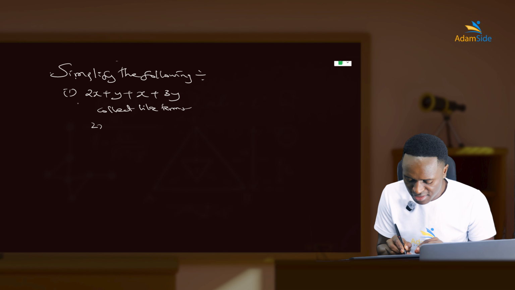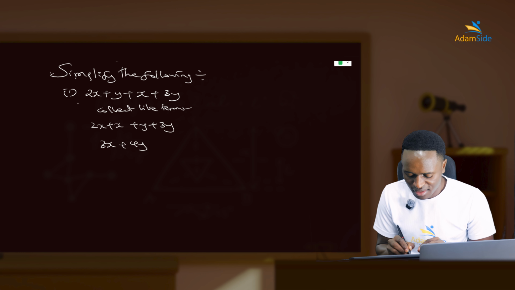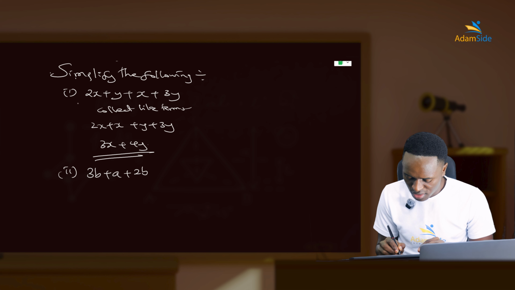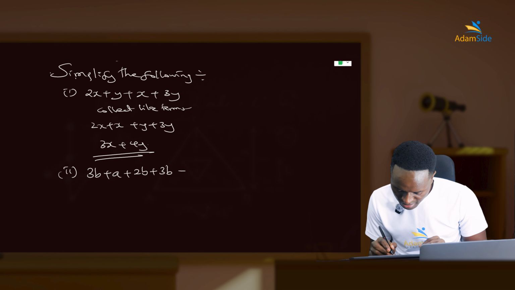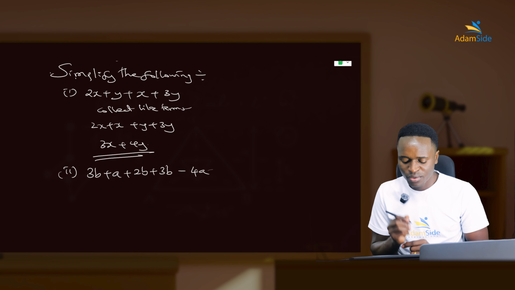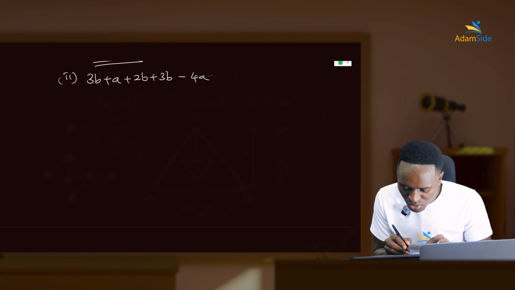How do you collect like terms? Say 2x plus x plus y plus 3y. Then you say 3x plus 4y. This is the answer. And what if you have 3b plus a plus 2b plus 3b minus 4a? You just collect like terms.